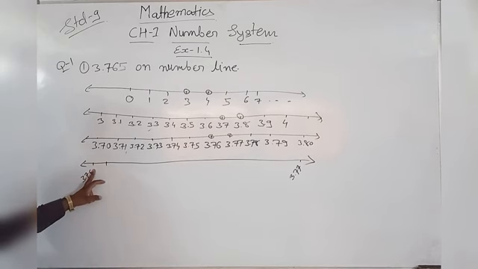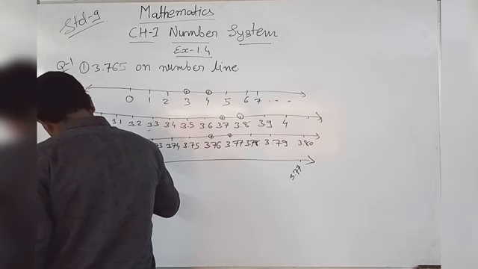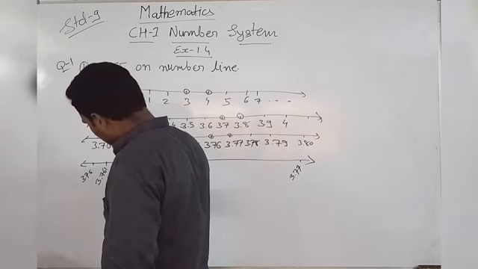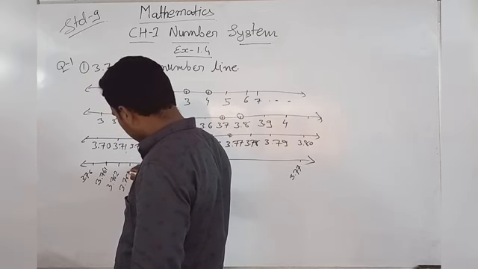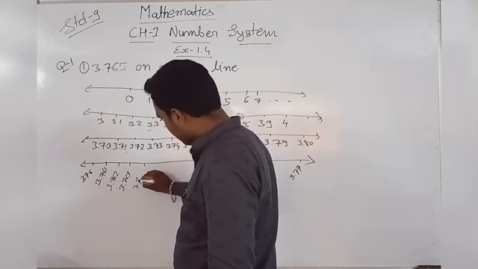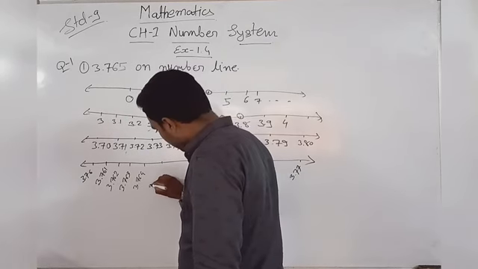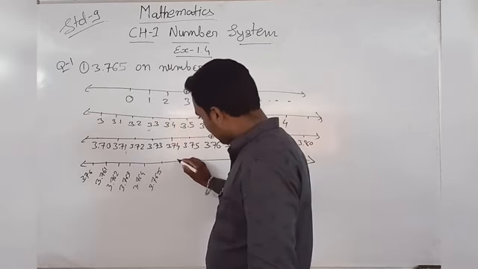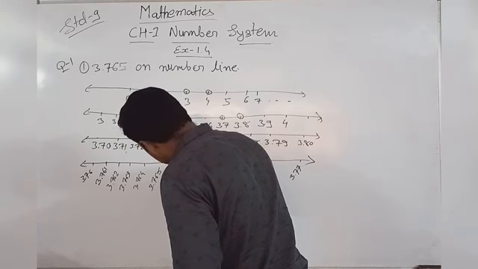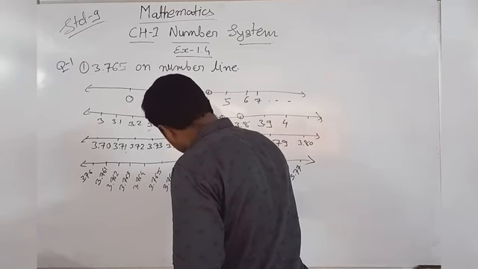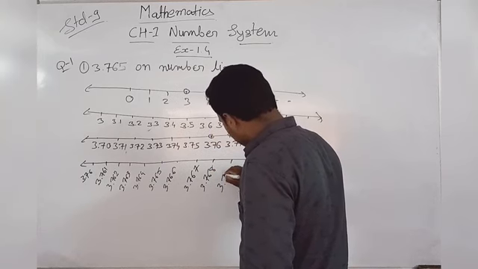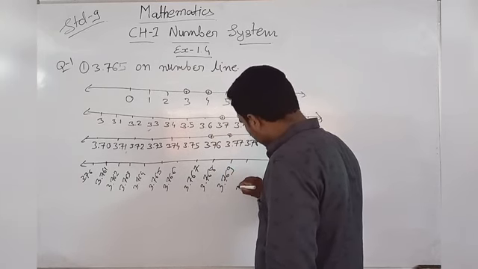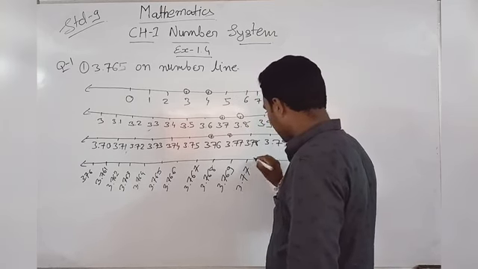After that we put a 0, so 3.760, 3.761, 3.762, 3.763, 3.764, 3.765, 3.766, 3.767, 3.768, 3.769, and then 3.77. Clear?